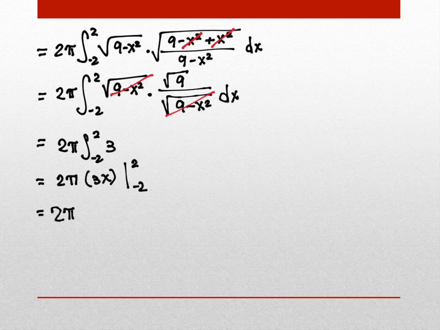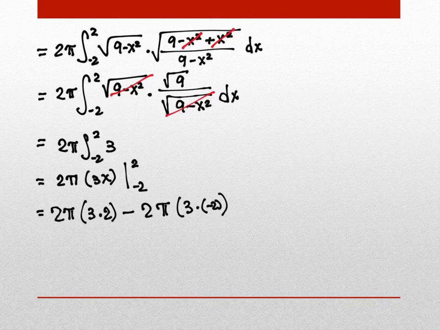So 2 pi times 3 times 2, minus my 2 pi times 3 times negative 2. All right, first piece, what does that give me? This is 6 times 2, so this is 12 pi, right?